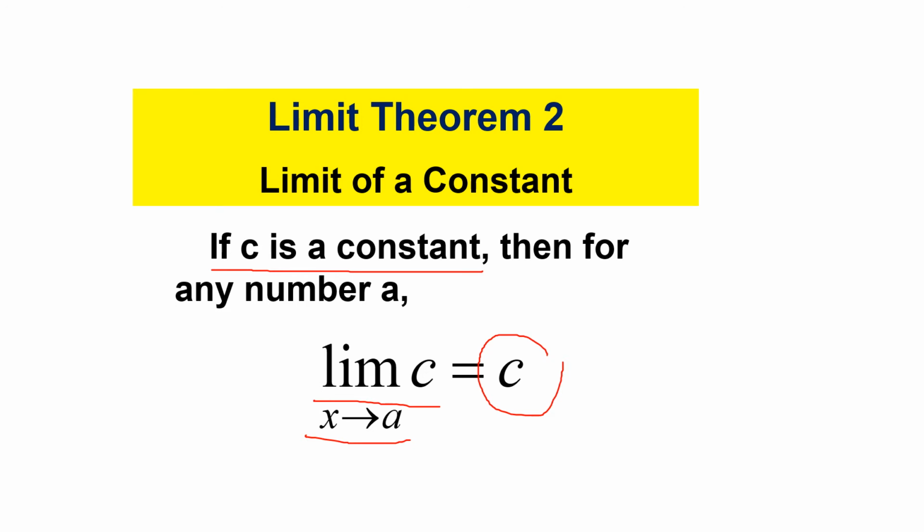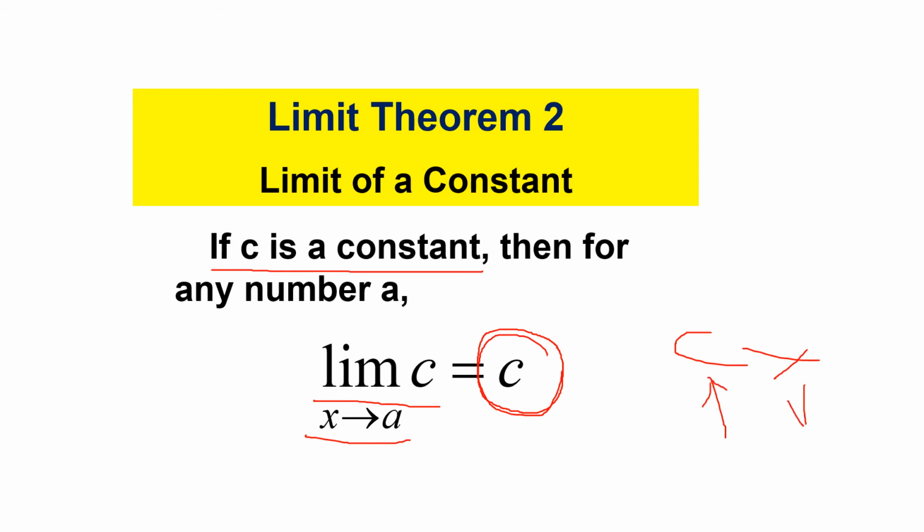So whatever your constant here, and you're asked to find the value of the limit of this constant when x approaches a, this limit is equal to the same value of what the constant is, because there is no variable involved. So for example, if this is cx, this is your numerical coefficient.